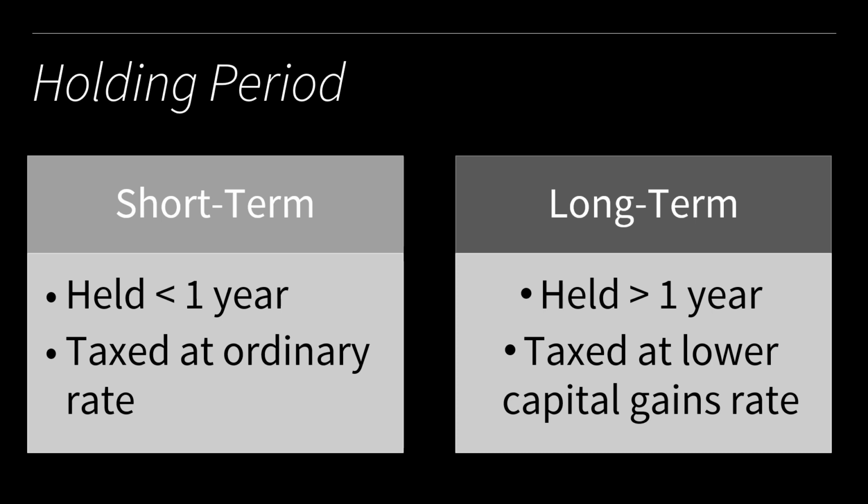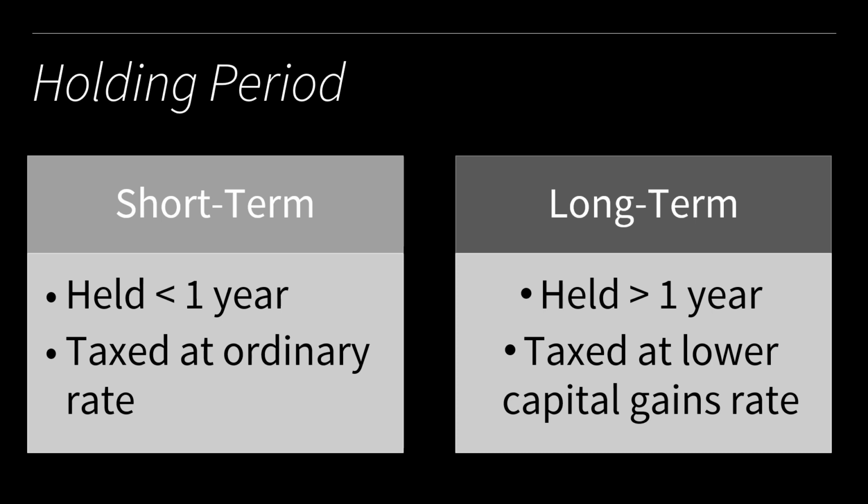Another thing that we need to talk about with regard to the sale of assets is holding period. So the holding period is how long the taxpayer owned this piece of property or asset. There is short-term property and long-term property.